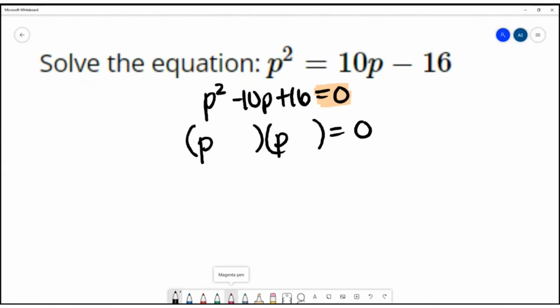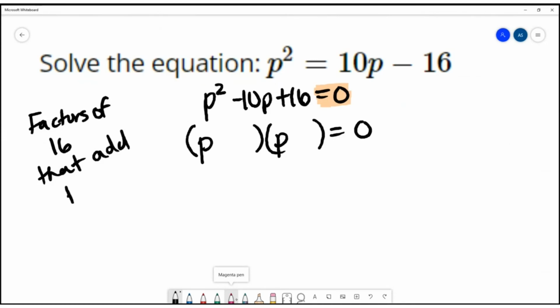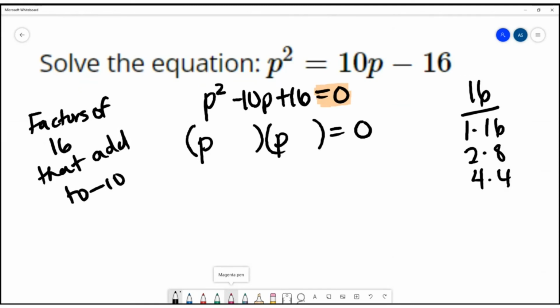P times p is p squared. I'm looking for factors of 16 that add to negative 10. Factors of 16: 1 times 16, 2 times 8, 4 times 4.